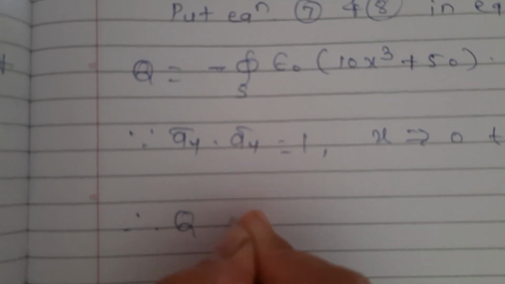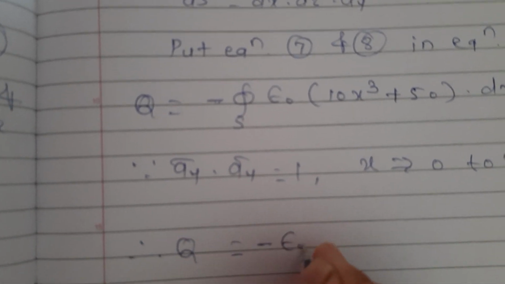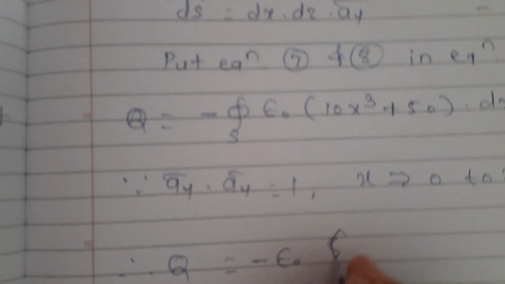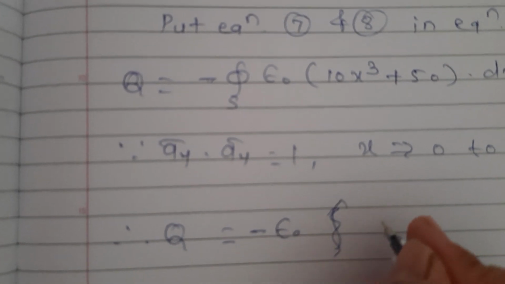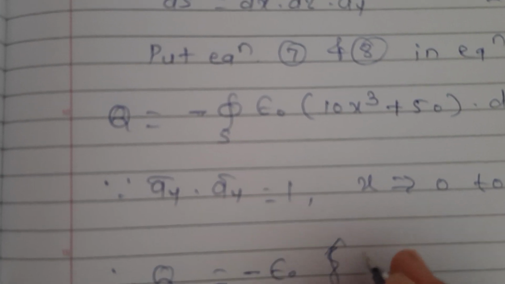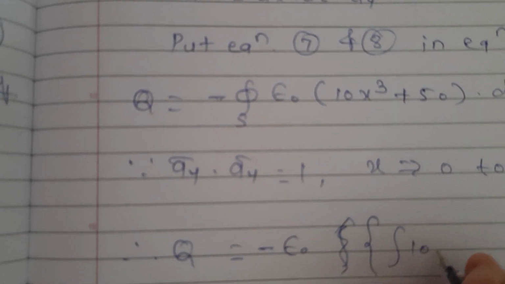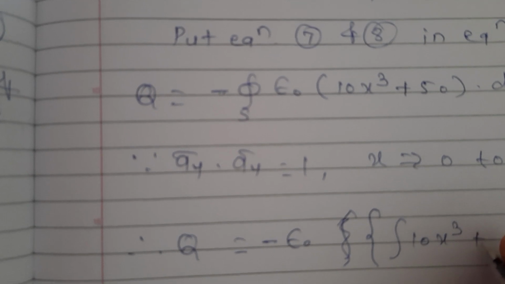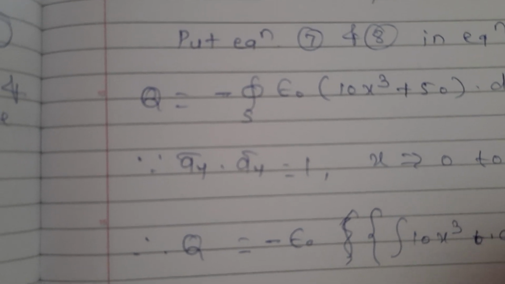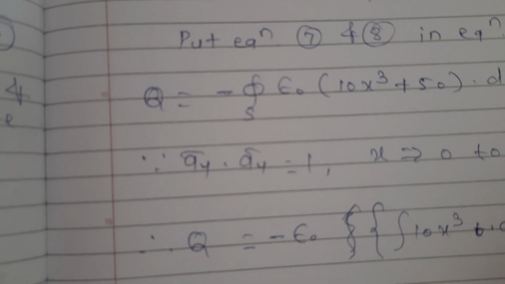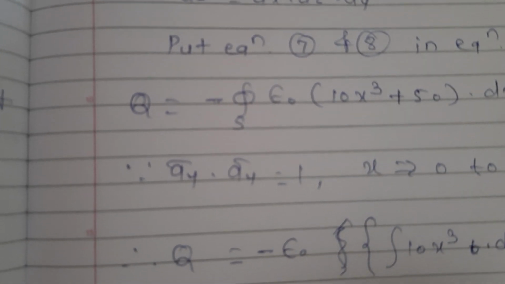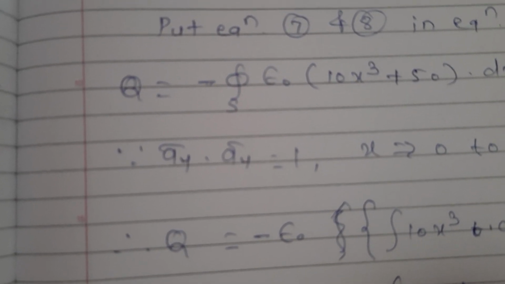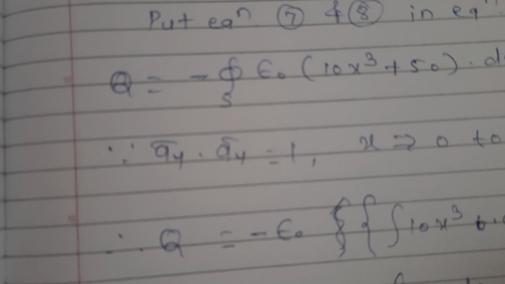So Q is equal to epsilon 0, which is constant, taken outside the integration. Now take the terms separately, so it is 10x cube dx dz plus 50 dx dz.